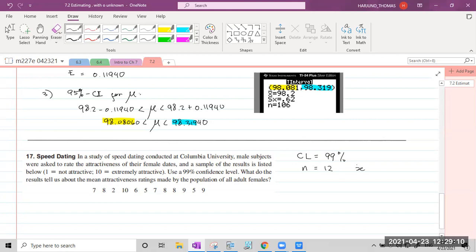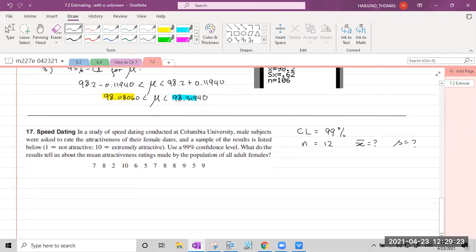But we need x bar and we need the sample standard deviation, right? We need the sample mean and sample standard deviation. How will we do that? Then we need to remind ourselves how to compute the sample mean and sample standard deviation. Okay, so solution.